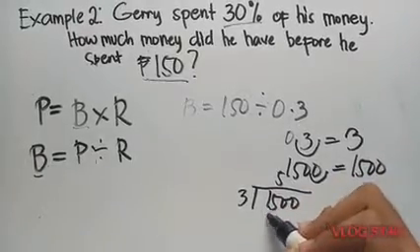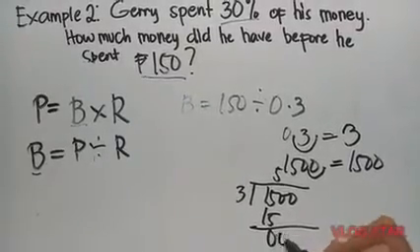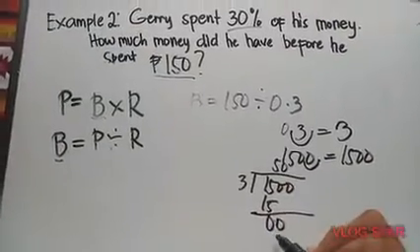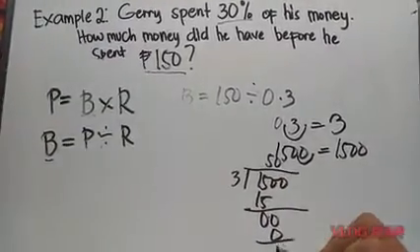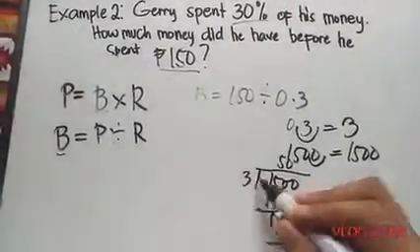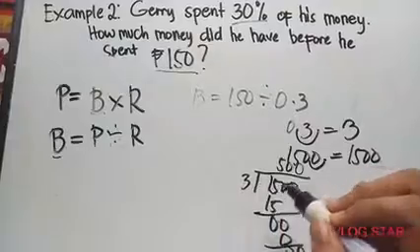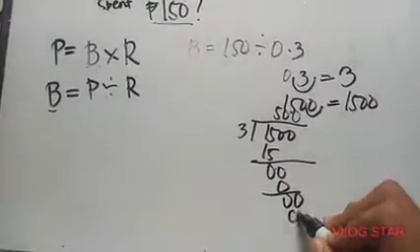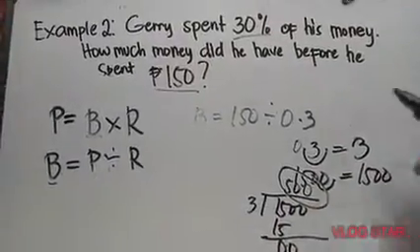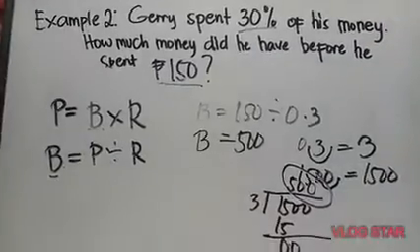Bring down 0, 0 divided by 3 is 0. Bring down 0, 0 divided by 3 is 0. So the quotient is 500, or the base is equal to 500.